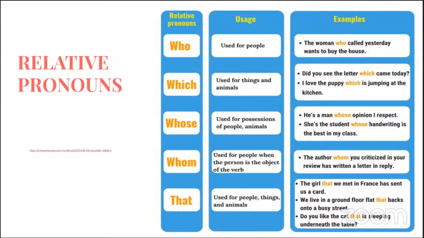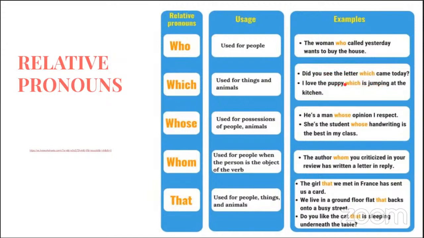The woman who called yesterday wants to buy the house. Yes, which is used for things and animals. Did you see the letter which came today? I love the puppy which is jumping at the kitchen.